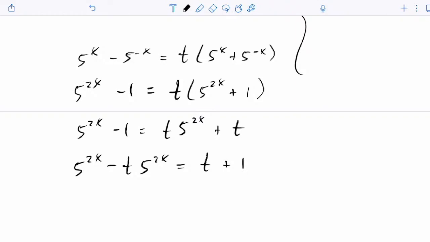Right? So I distributed the t and then brought the x's to one side so that I could factor out that 5 to the 2x. All right, do you see how it's flowing very much like 35?